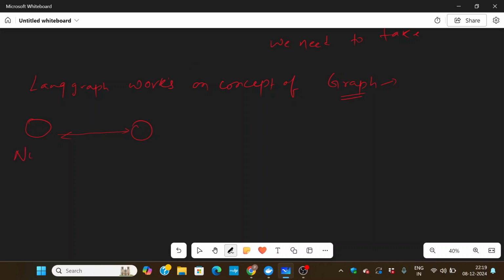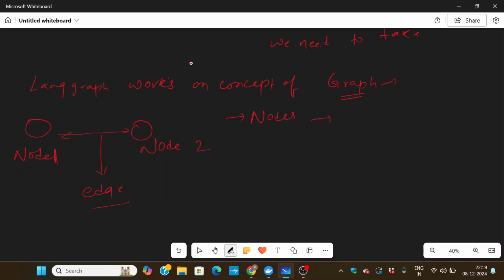So this is node 1, this is node 2, and this is called an edge. So in LangGraph you will find that first of all we have nodes.